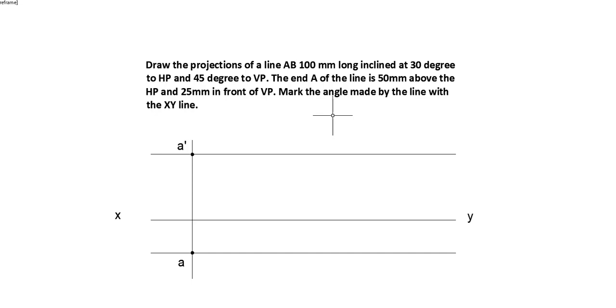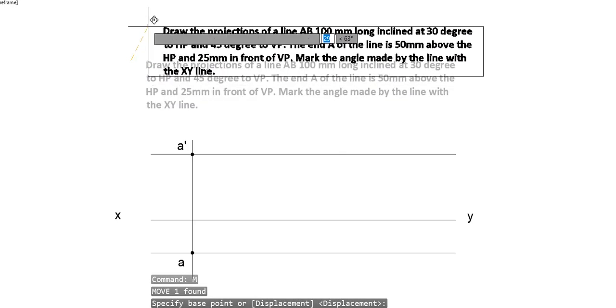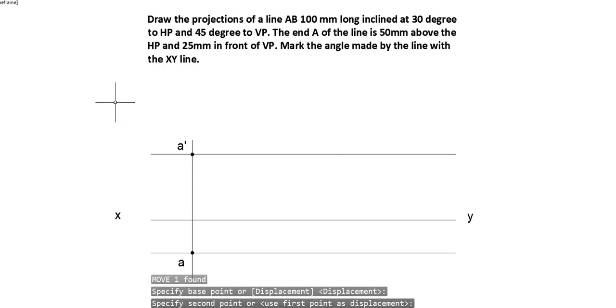And then we will also assume that this line is parallel to HP and it is 45 degrees inclined to VP. So we will assume it two times.